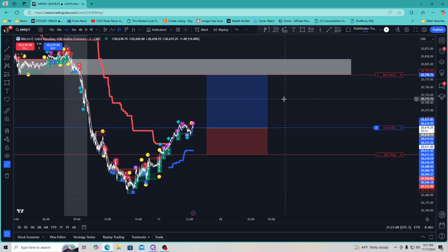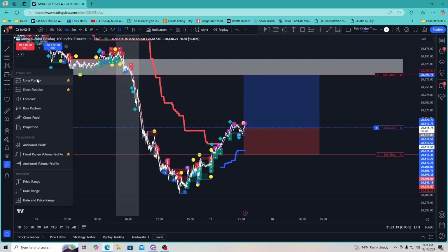I'm going to move my box. By the way, just so you guys have the tool, under projection tools, a long position means buying, a short position means selling. You'll see it gives you this box. You put this center line right where you're entering, and then you can move the red box down wherever, and move the blue box up wherever, and it'll show you what your risk to reward ratio is in the market.